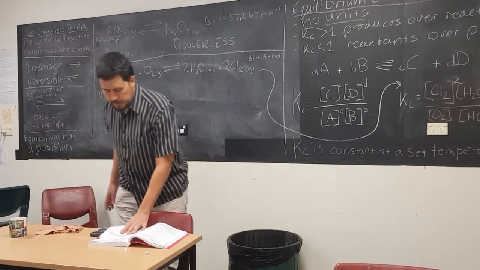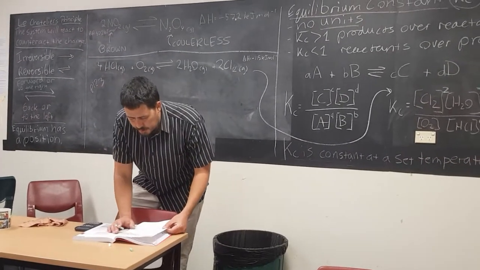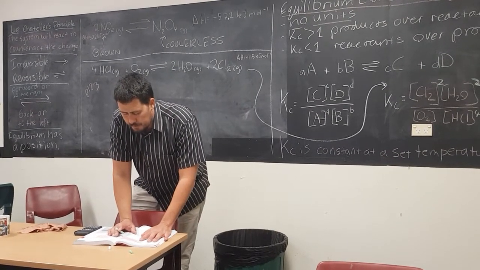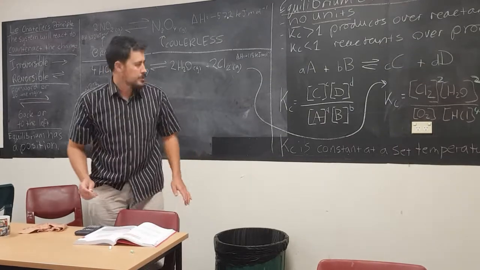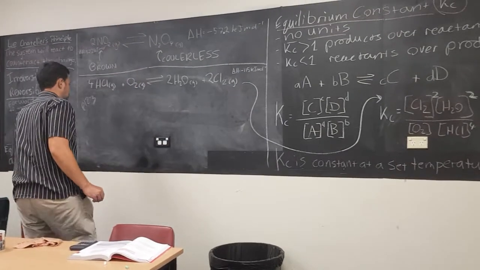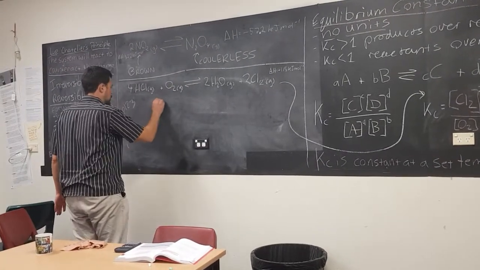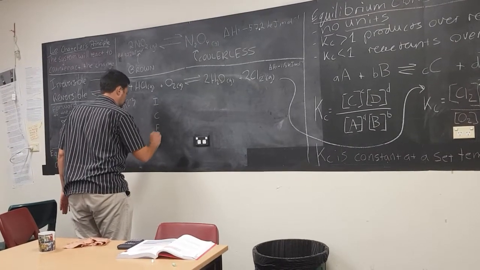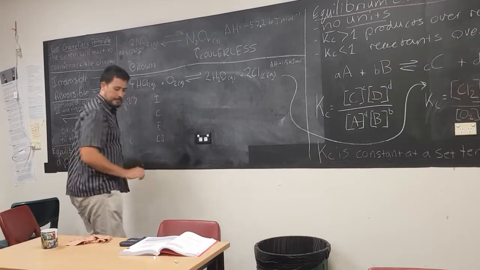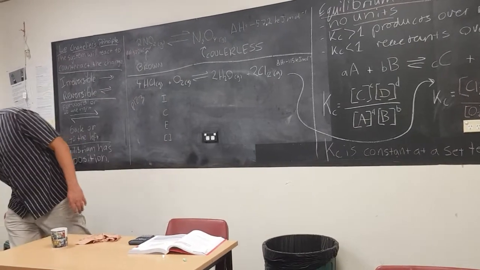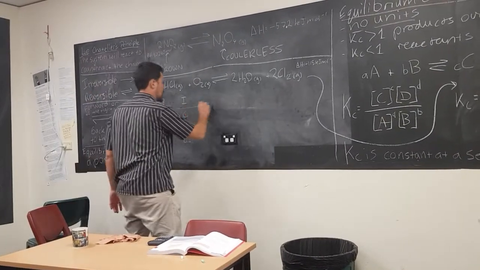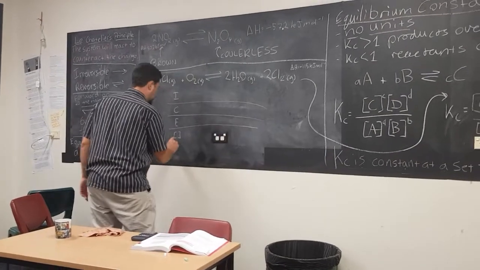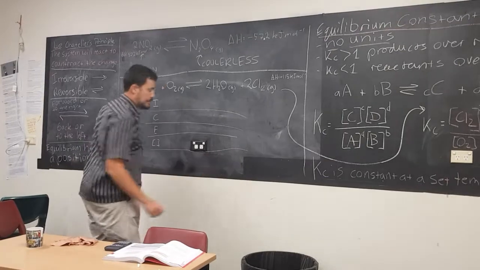Now we've done the expression, but when we turn over the page it says complete the table below. The red areas that are blanked out there, that's what we call an ICE table. So initial, change, and then your concentration. I've actually seen the question where you have to draw your own ICE table and not fill it in.